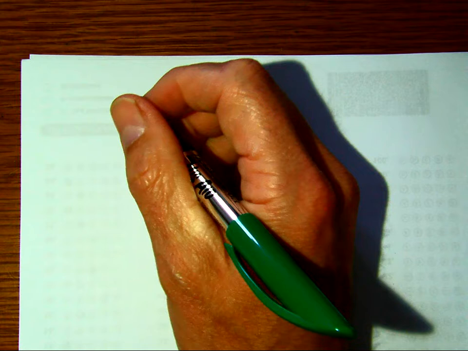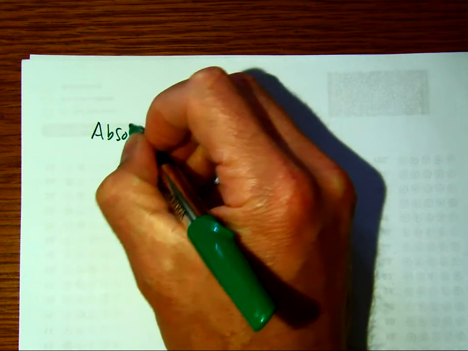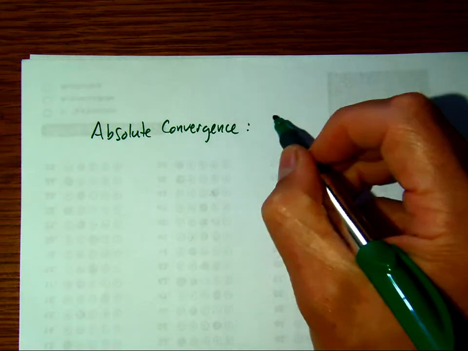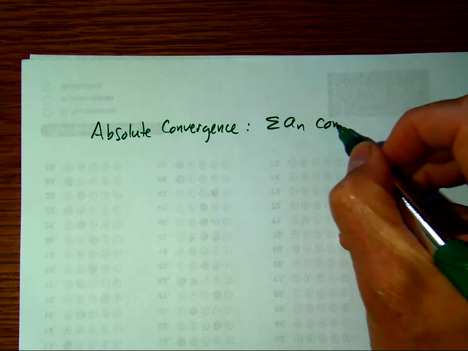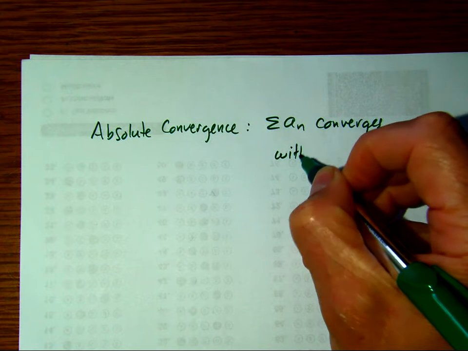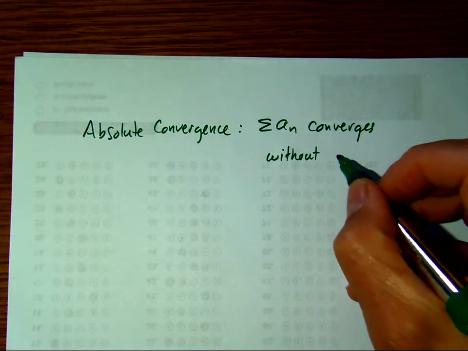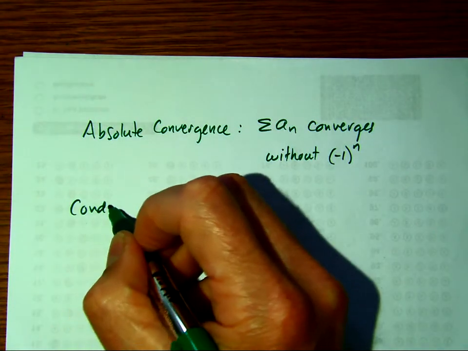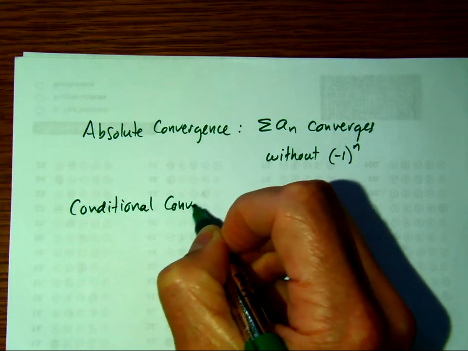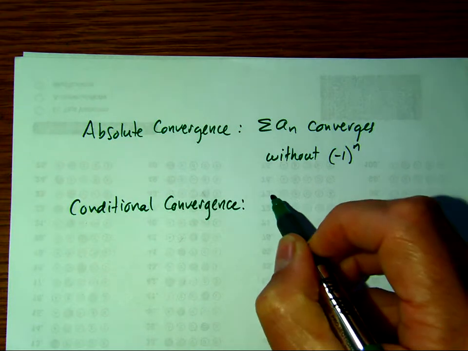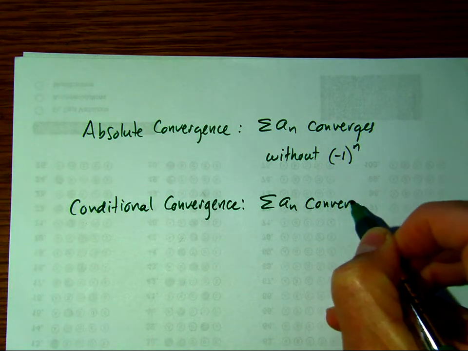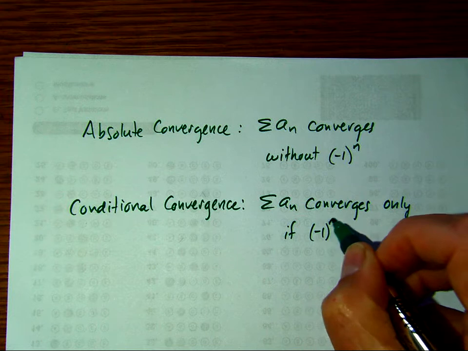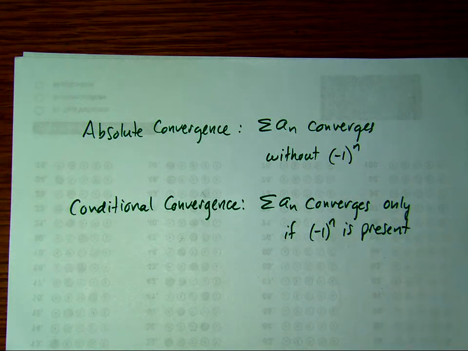We have something called absolute convergence, and that is when the series converges without alternating.